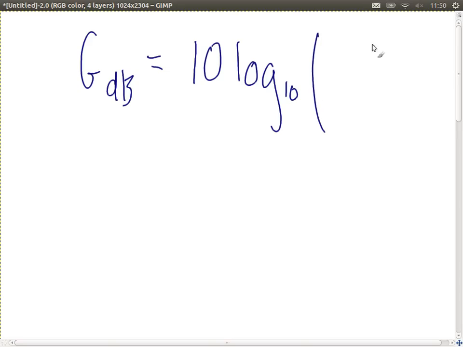Let's just write it as one power level, P1, generally divided by P2. When we have a ratio between two power levels, P1 divided by P2, we can express it in dB by taking the logarithm in base 10 and multiplying by 10.